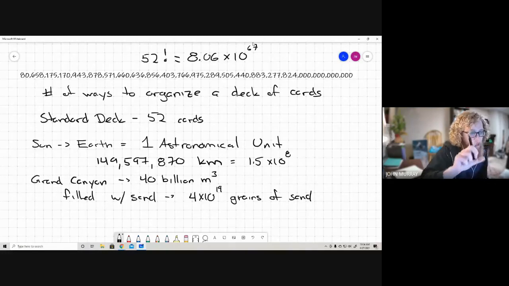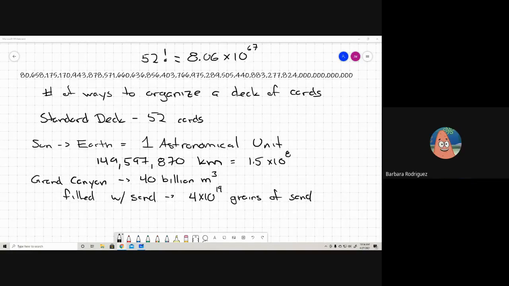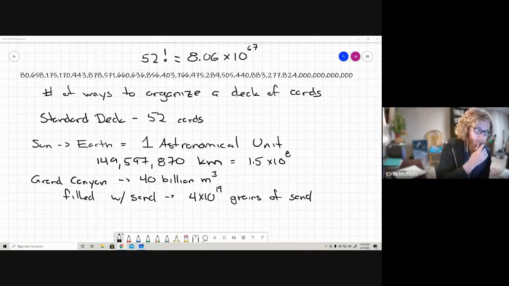Right? Something as simple as a deck of 52 different cards. And as far as we're concerned, there's almost an infinite amount of ways to rearrange those cards. It would take more than a lifetime to find every single combination.